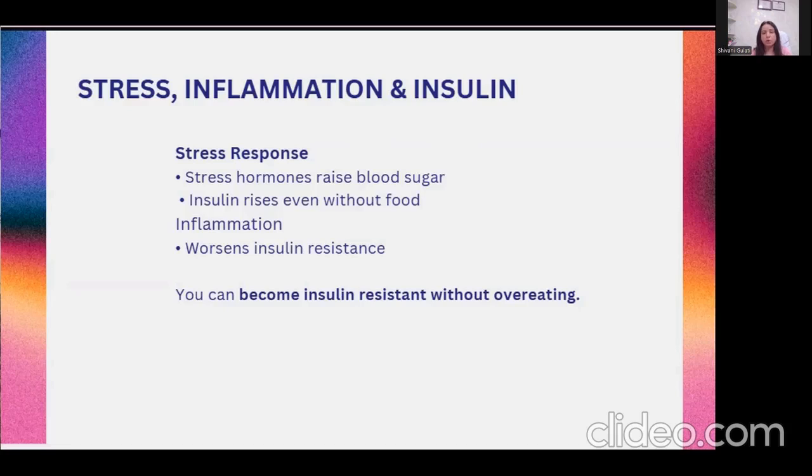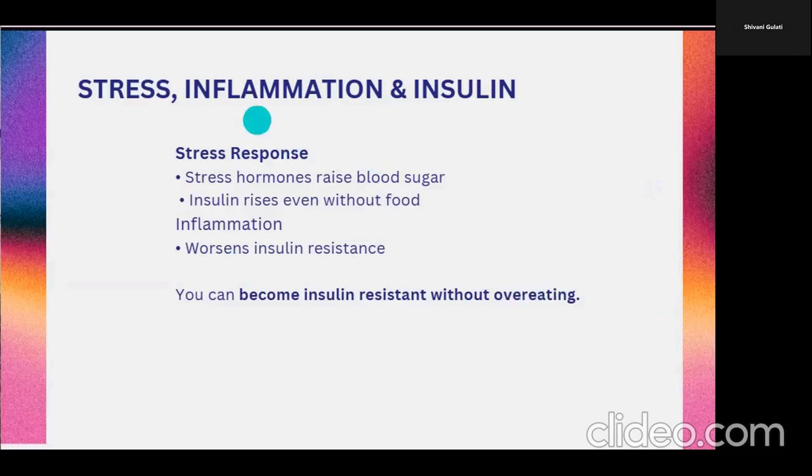So these hormones basically signal the liver to release glucose into the bloodstream for survival, even if we haven't eaten anything. Okay, this is a stress response which usually happens. So once the blood sugar rises, the insulin rises to manage it. And so insulin can increase without food intake also.